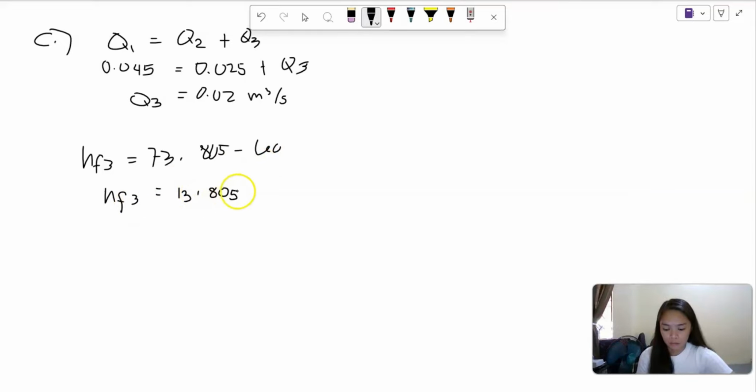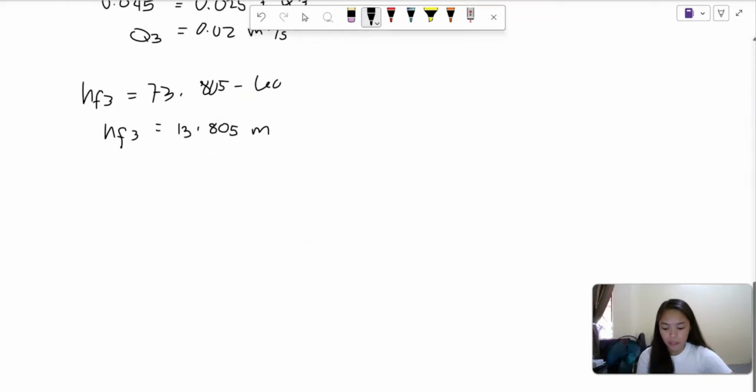Since we already have the value of flow in pipe 3 and the head loss in pipe 3, we can now get the diameter.